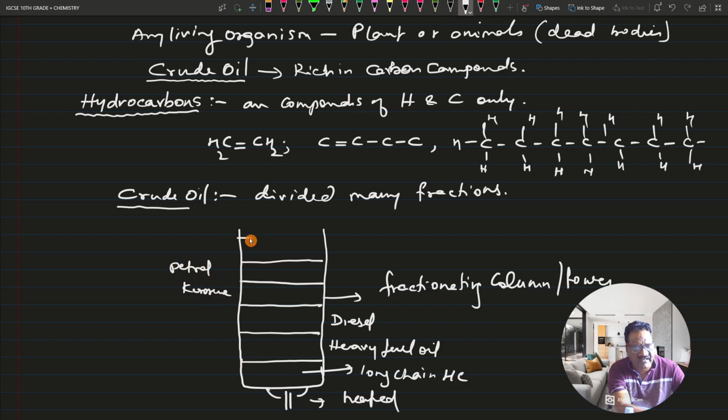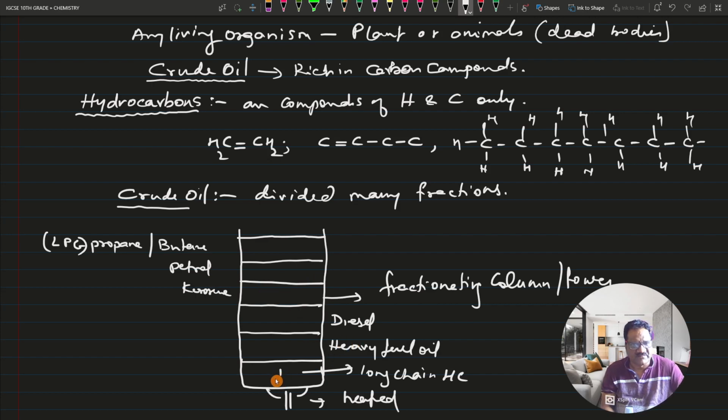And above the petrol, you have butane and propane. In totality they are known as LPG, liquid petroleum gas. So these are the fractions.